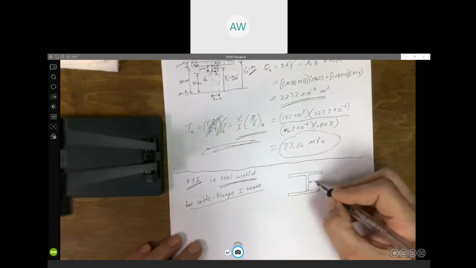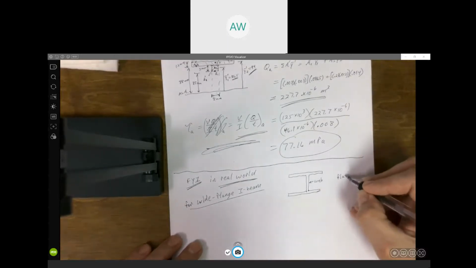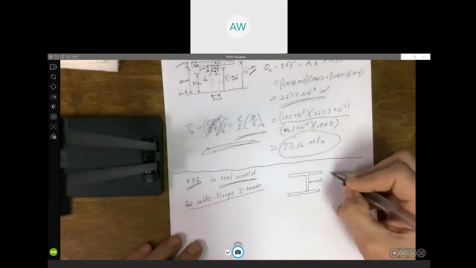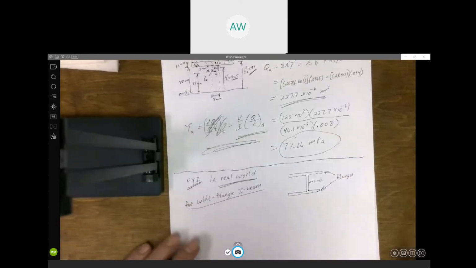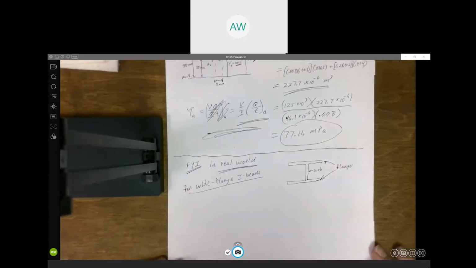When you're looking at an I-beam, that vertical part in the middle is called the web, and the top and the bottom horizontal parts are called flanges. Just some terminology to be familiar with.